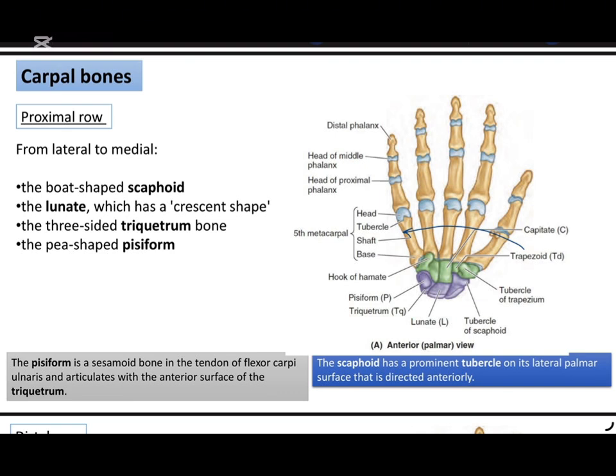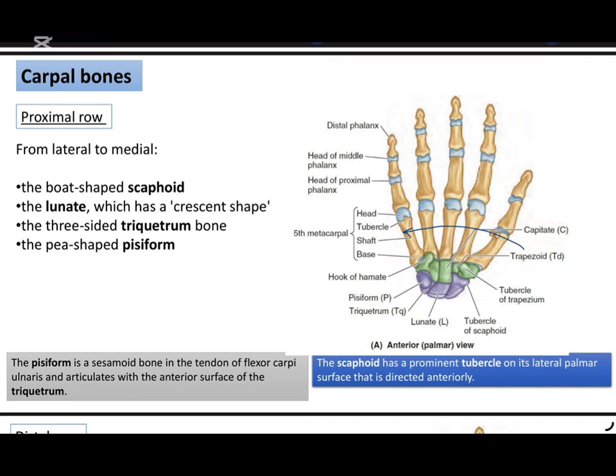Okay? What about the distal row? Okay? Again, I start counting from lateral to medial. Okay? I have first one, trapezoid. Bardo, it has tubercle. I call it tubercle of trapezoid. Then I have trapezium. Then I have trapezoid.